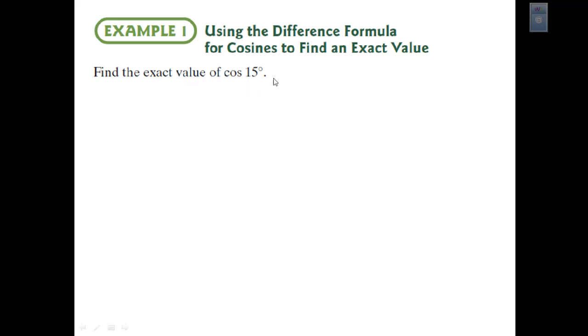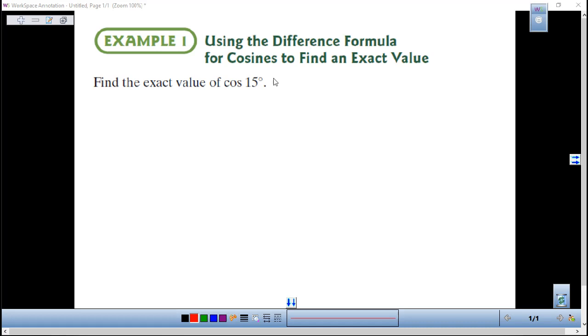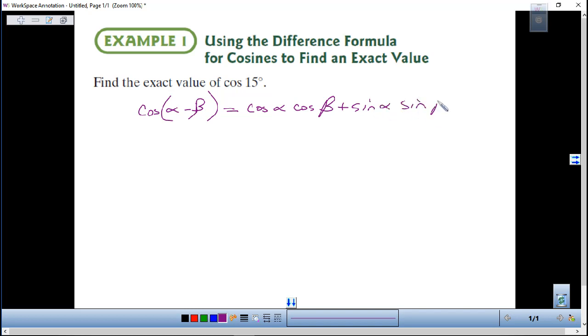Find the exact value of the cosine of 15 degrees. Now this is one of those situations where that's not a unit circle angle, so we wouldn't know that. So what you want to do is write cosine of alpha minus beta, and we know that that is cosine alpha times cosine beta plus sine alpha times sine beta.